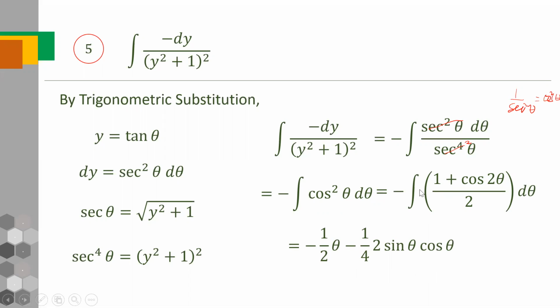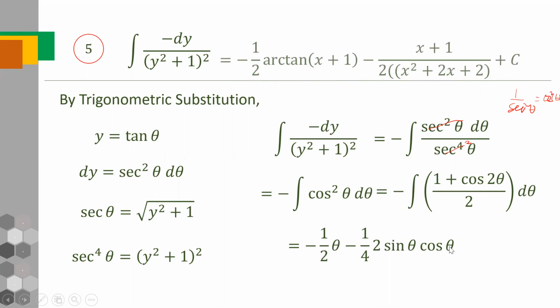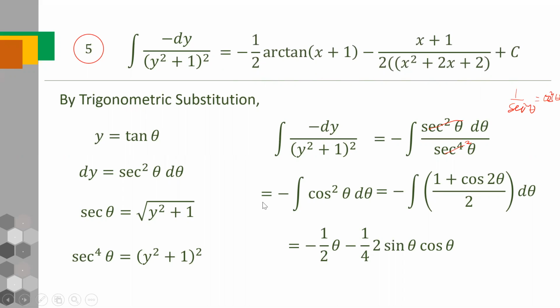So we have the integral of 1/2 d theta and the integral of cosine 2 theta over 2 d theta, which is equal to negative 1/2 theta minus 1/4 times 2 sine theta cosine theta. So all in all, the integral is negative 1/2 arctan of (x plus 1) minus (x plus 1) all over 2 times (x squared plus 2x plus 2) plus c.